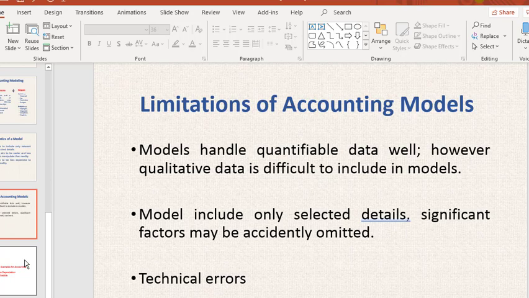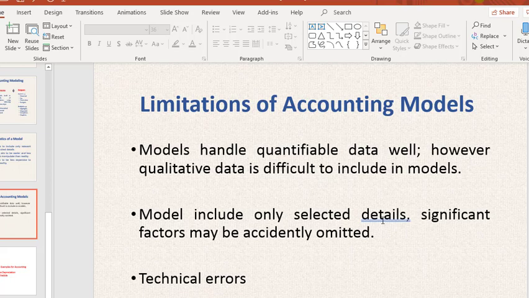So qualitative information is also important for your decision making, but our accounting models mainly use quantified accounting information, right? And models include only selected details.